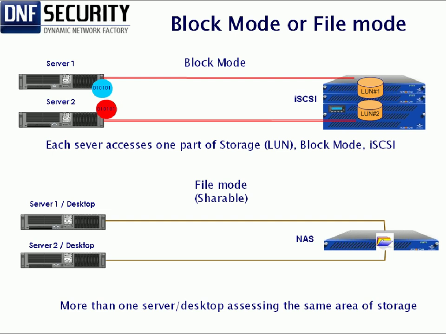File mode generally refers to network access from a larger population of people, where you have shared requirements. In a general IT or small office environment, you'll have a server and a number of clients or desktops or workstations that need to access common files, such as images, Word documents, spreadsheets, and NAS facilitates the ability for many to share single files.